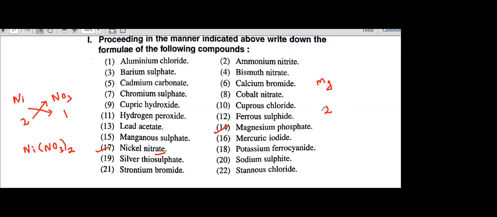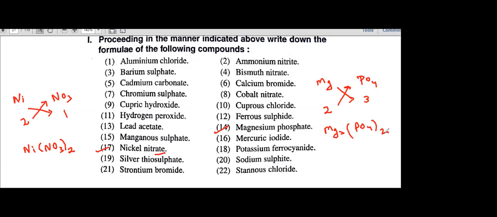What is the valency? 3. So tell me. Mg3(PO4)2. Okay. Done.